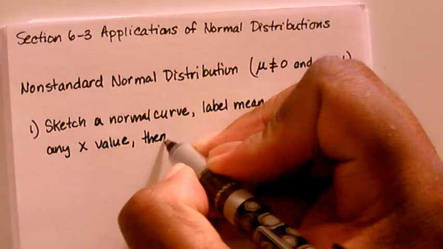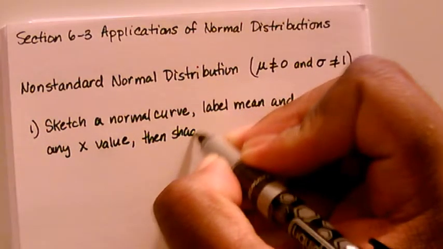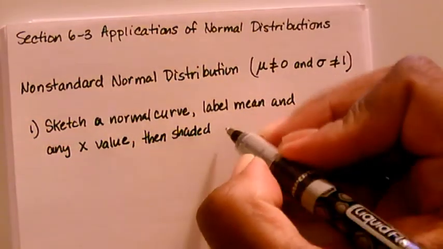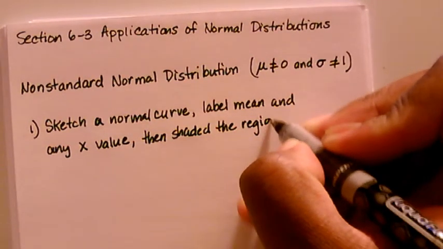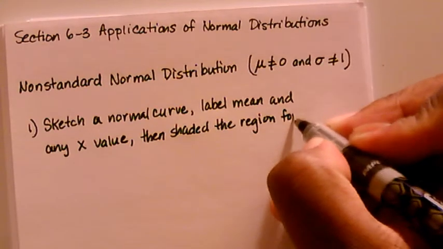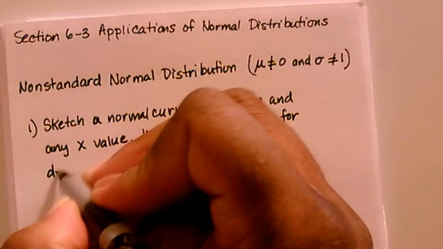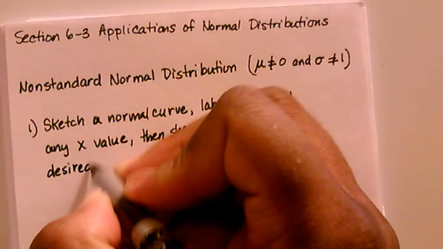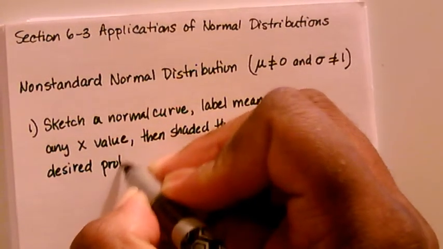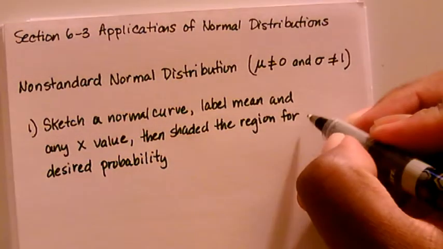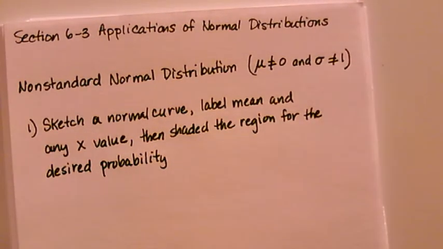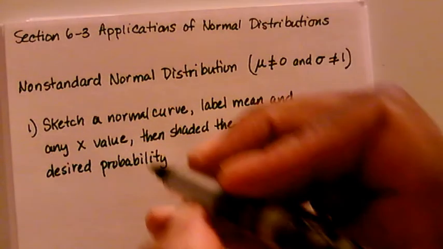And then you're going to shade the region for the desired probability that you're trying to get. So that's step number 1.